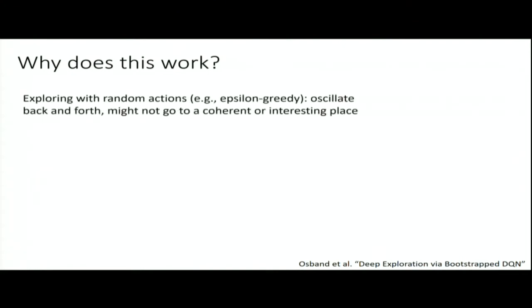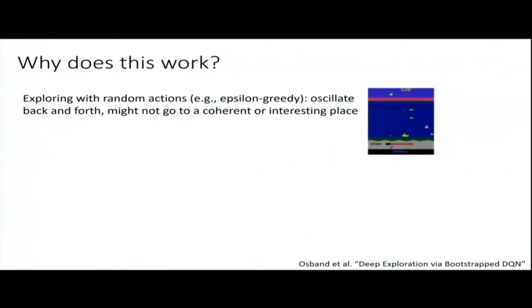OK, so now let's go back to exploration with posterior sampling. So we can use the Bootstrap, we can build our distribution over Q functions, we can sample from that distribution. Why does this work? Why is this a good idea? So if you do a naive exploration strategy like epsilon greedy, random actions can oscillate back and forth. So you might take one action.